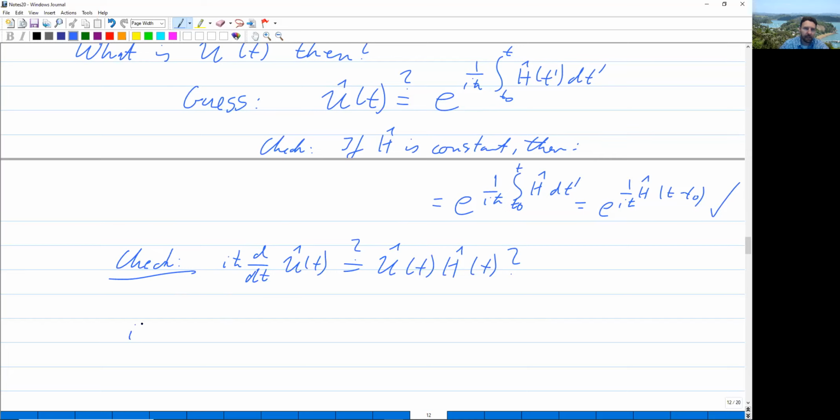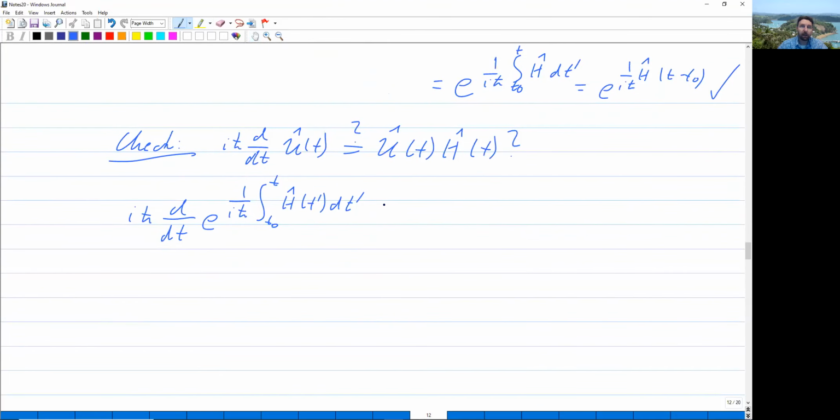Let's see. We have iħ d/dt of the proposed û(t), which is this thing here, e to the power 1 over iħ integral t naught to t Ĥ(t') dt'. What is that?